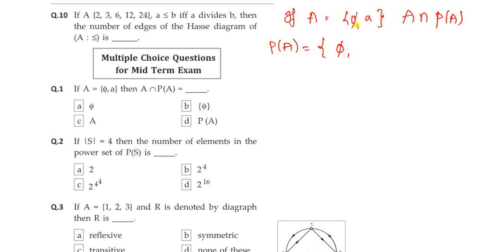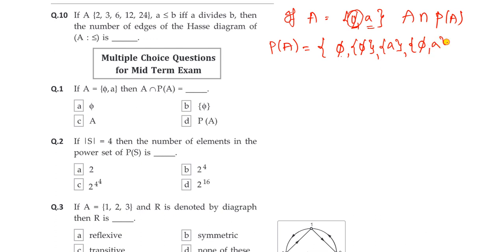So we write pi, and the next element is again pi, don't be confused. Pi itself is a subset. So we write pi, and then another element A, and next another element {pi, A}.